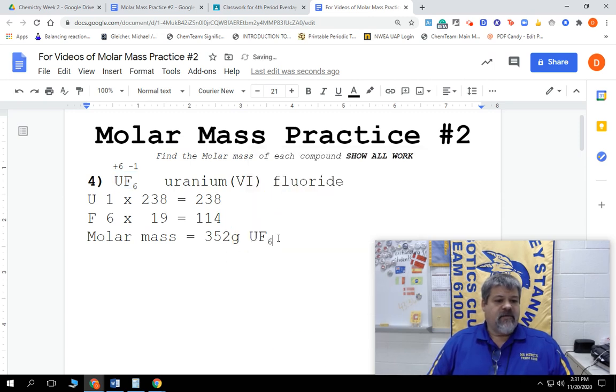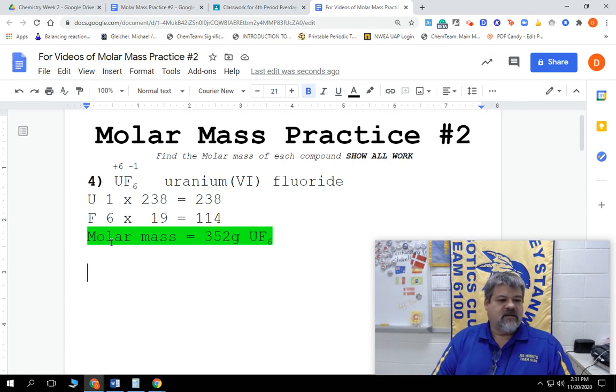Always have to have our answer highlighted when we're working with digital format. So there we go. That's our molar mass for uranium 6 fluoride, which is 352 grams.